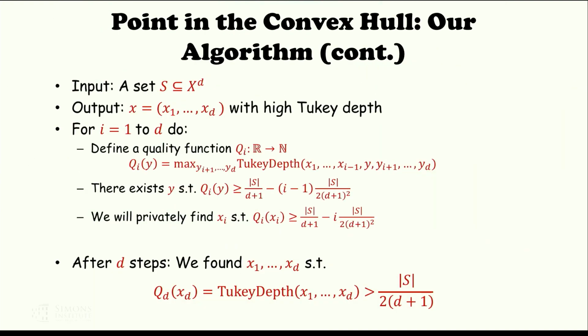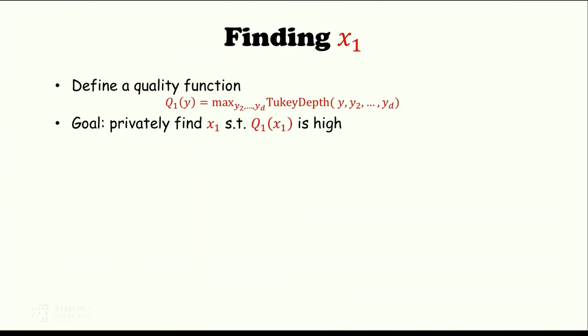What I didn't tell you is how we find this point, each coordinate. So how do we define a coordinate? I'll say how we find x1, but it's only to simplify the indices. Again, we have the quality function, and our goal is to privately find x1 such that q1 of x1 is high.